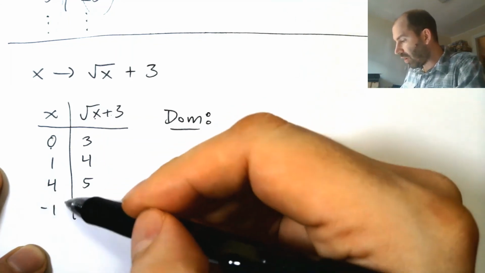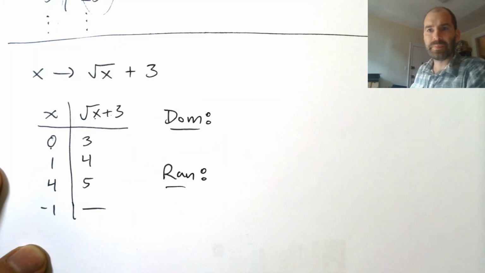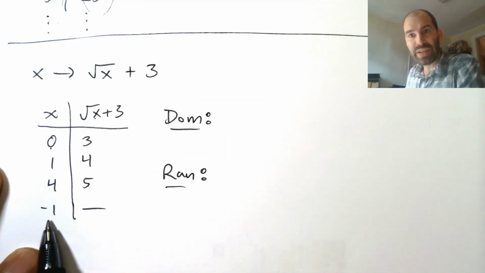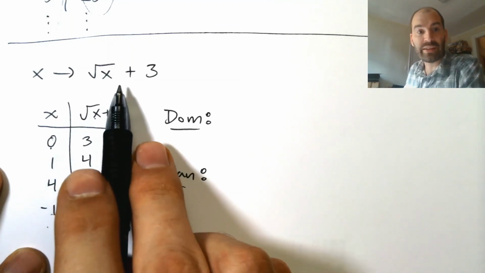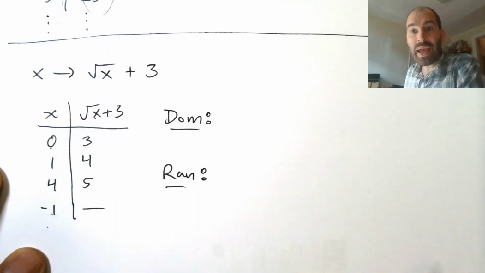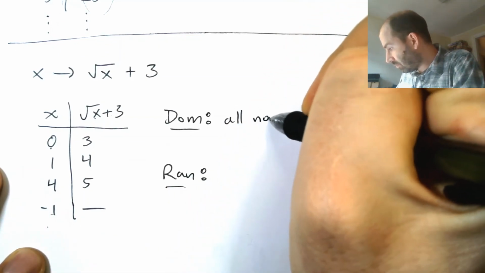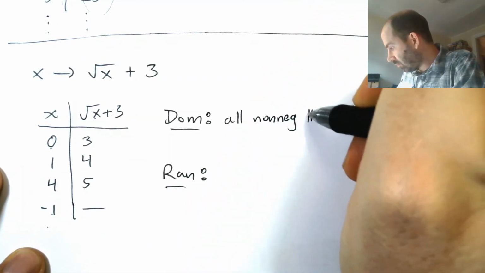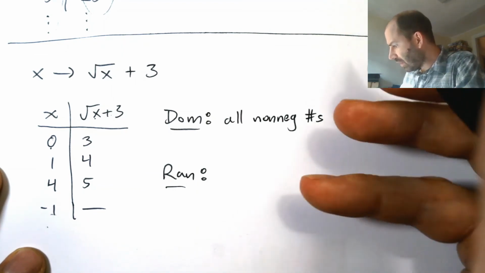The domain, what numbers, we can see that some don't work. So which ones do? Well, what was the problem with this? It was negative. That's what made it not work. As long as I don't have a negative number, I can take the square root of it. So the domain is all non-negative numbers. How would I write that as an interval?